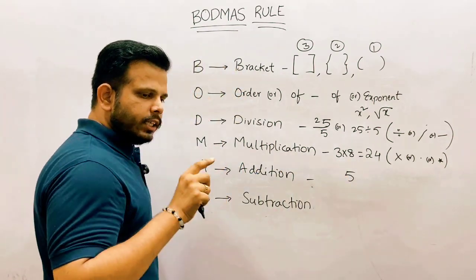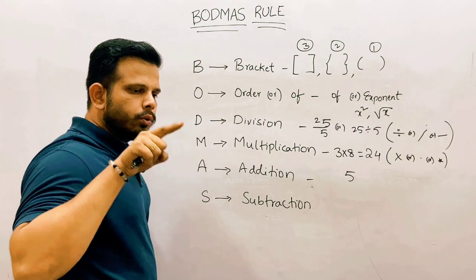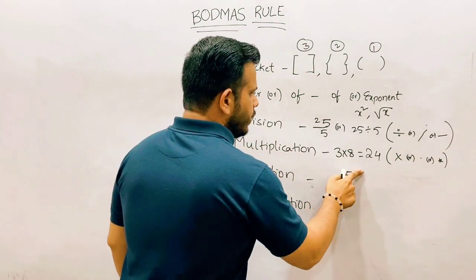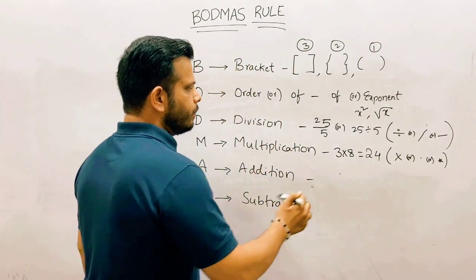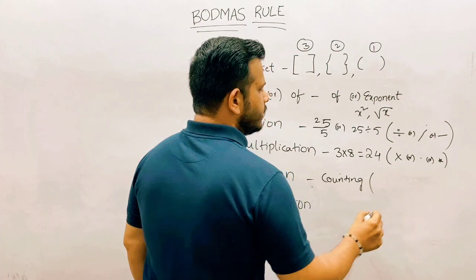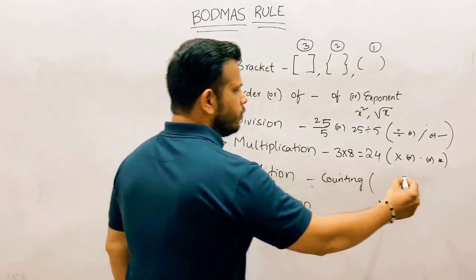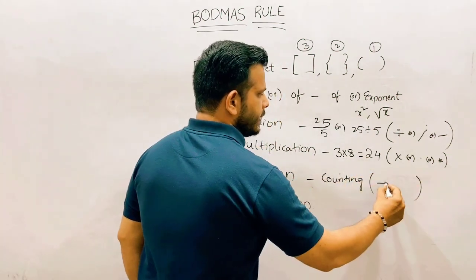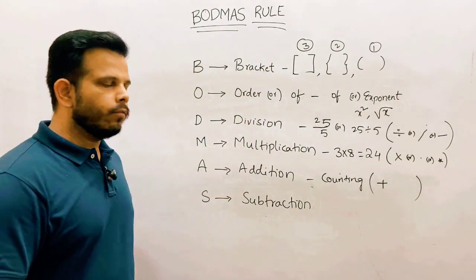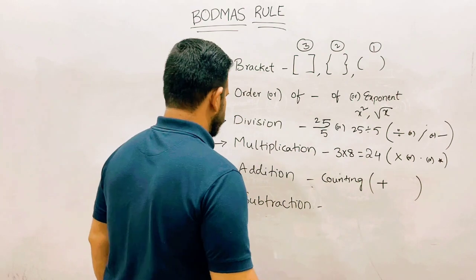When I count each and every object, 1, 2, 3, 4, in total it is 5 objects. This is basically written in terms of plus only. Usually we use only one indication.